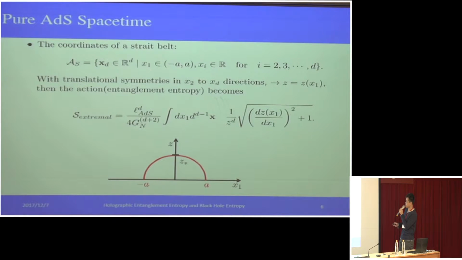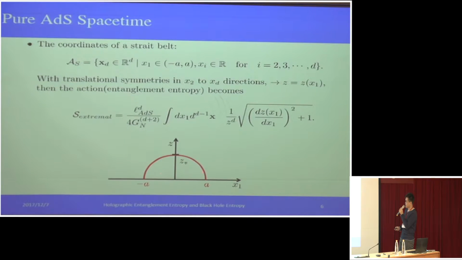Here we restrict x1 to between minus a and a, where these points are the entangling surface on the CFT, and we have translational symmetry in the other d-1 directions.